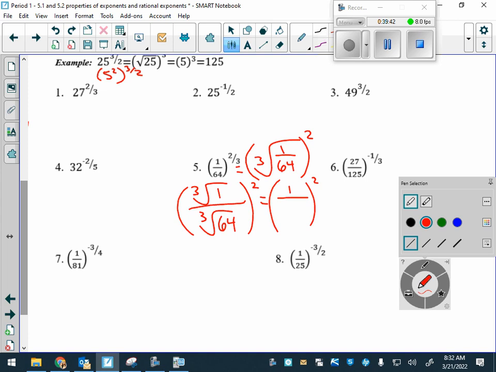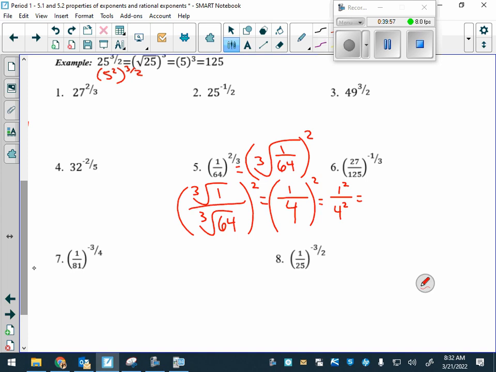What is the cube root of 64? 4. Then I'm squaring it. So that means it's 1 squared and 4 squared, which is what? So if you see a radical over an entire fraction, it could be split up, okay? Cube root of 1 over cube root of 4, simplify it, then square it, okay?